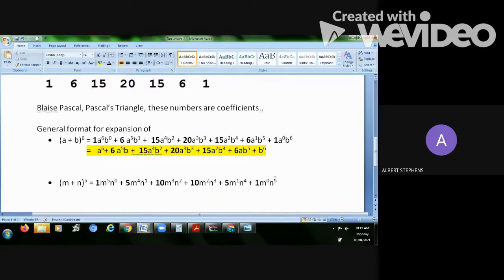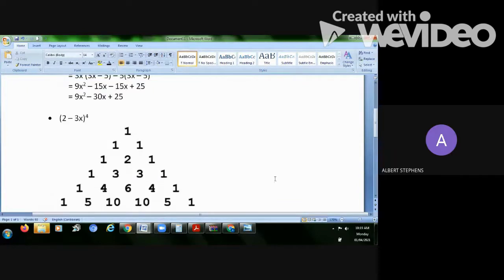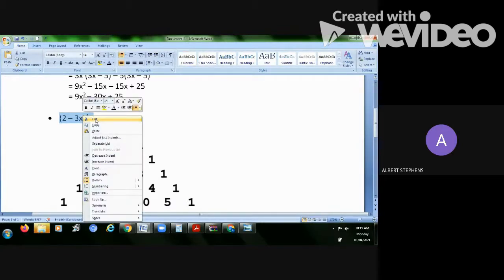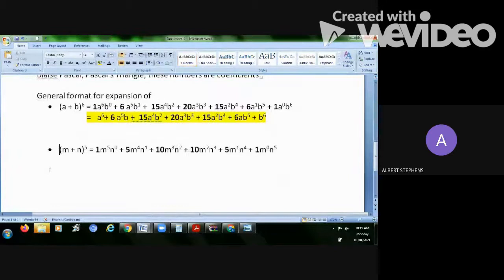All right. So let us attempt a question. The instruction says to expand using the binomial theorem.